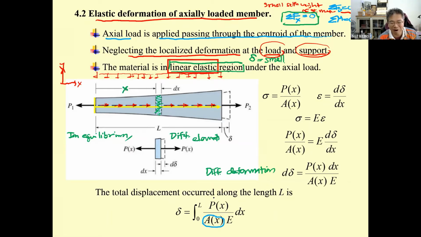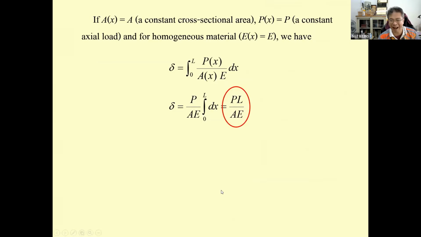And this term is also going to be constant if there is no uniformly distributed force. The P is going to be constant. And then if the material is also the same, you can simplify this equation to a more practical one, in which you can take P, A, and E out, and then you integrate dx, you get the L. So this is the typical equation that we discussed many times in the previous chapter.